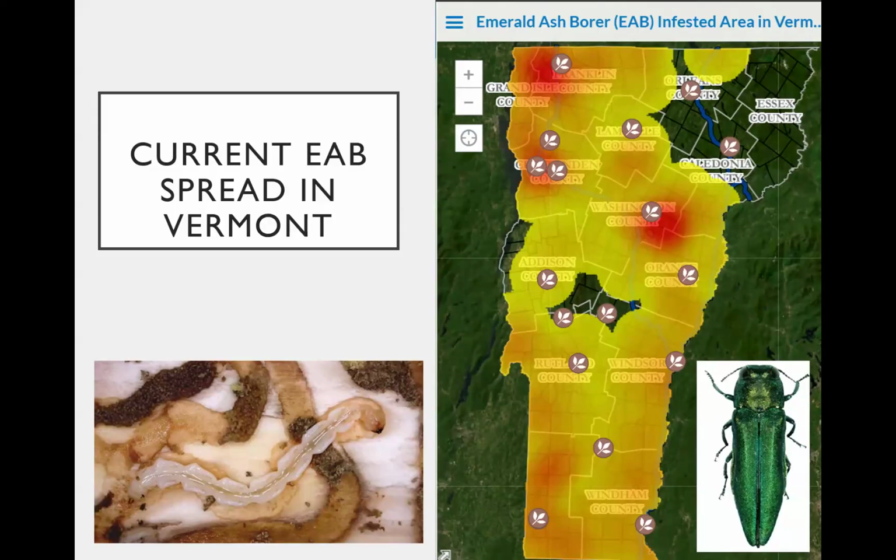And then there's a 2 mile, I should know this, but radius around it. I believe it's 2 miles. And then as more and more emerald ash borer are found in that area, the sort of heat, so to speak, intensifies in that area and radiates out.